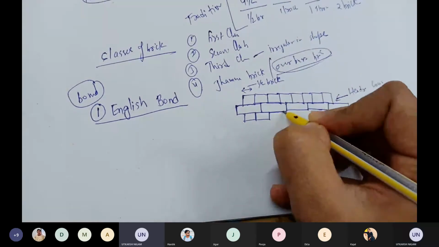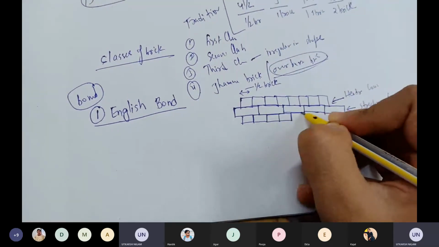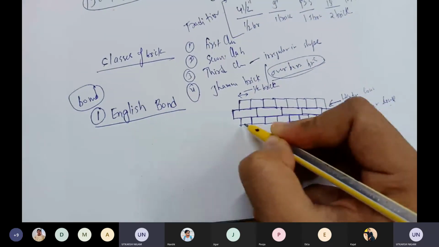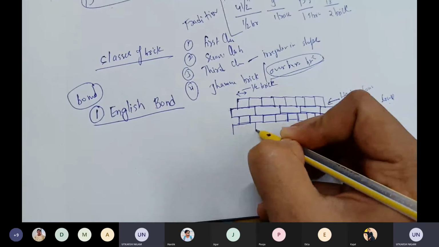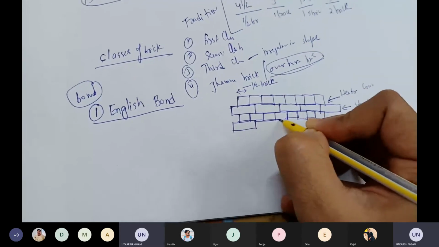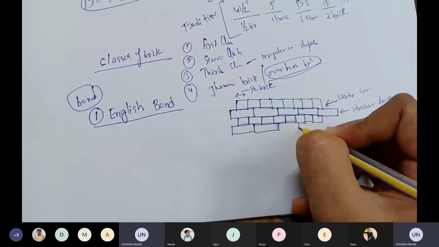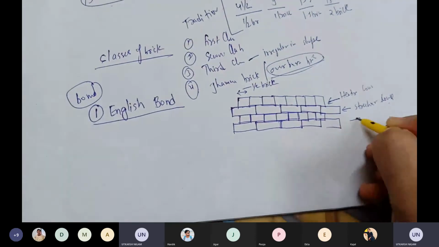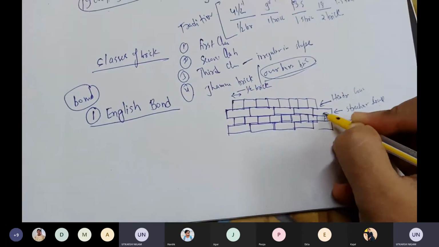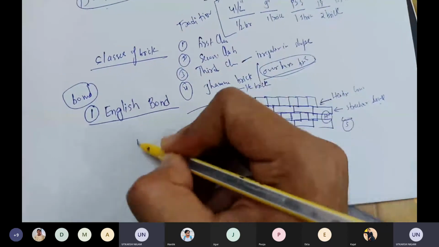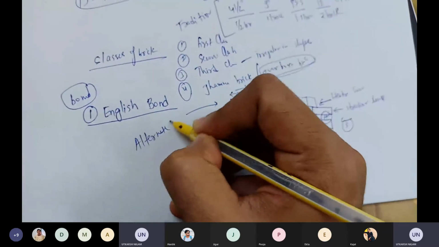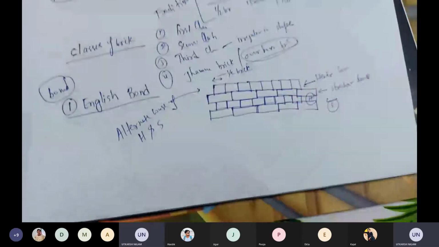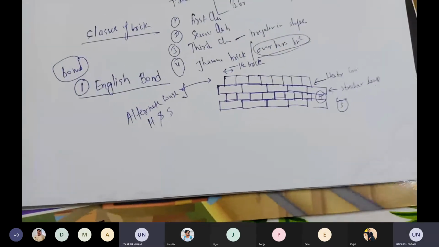That's why I am drawing and showing you, although you already know, because in PDDC the students already have much practical knowledge, so there is no problem. So these are alternate courses of headers and stretchers. That is the English bond.